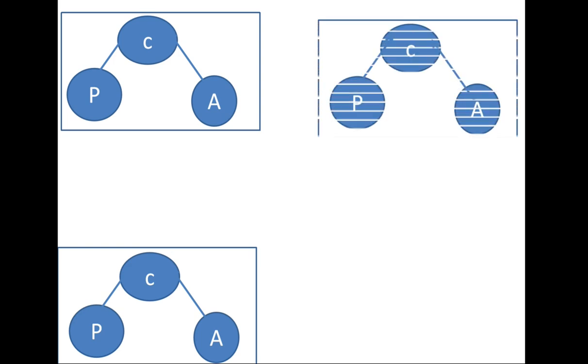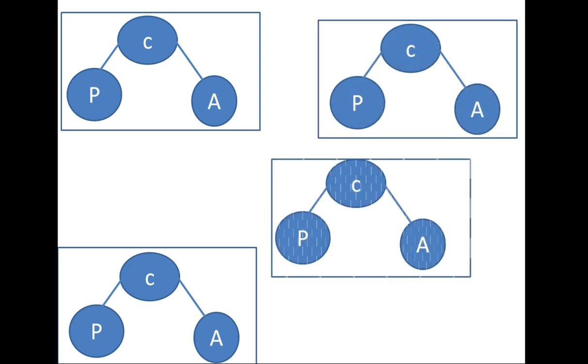Now the website has different kinds of data, so PAC can work together and it forms a component. That component can be communicating with the other component, and then they can share information.